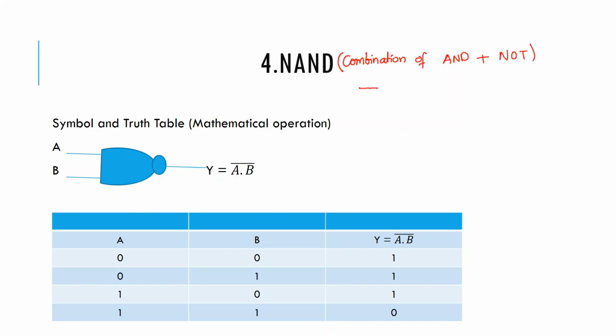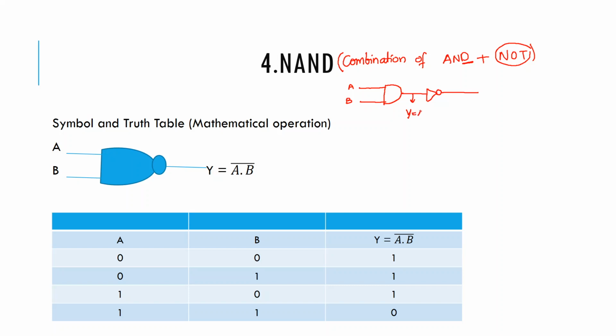What was the symbol for AND gate? AND gate has a D symbol, with two inputs and one output. Now to this AND gate, a NOT gate is added. The symbol for NOT gate is a triangle with a bubble. So what will be the output for AND gate?